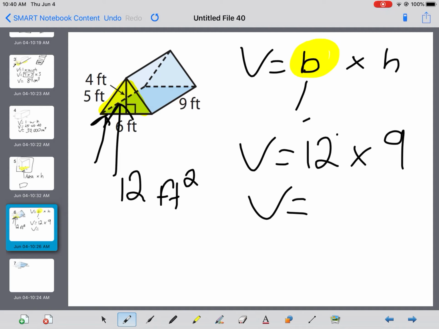So I get 12 times 9, and then I would get my volume overall. So I would get 108 feet cubed, okay? So again, when you are finding the volume of a triangular prism, start with just the area of that base, and then just picture that base stacked on top of each other as many times as possible to reach 9 feet, and that's why we multiply by 9.